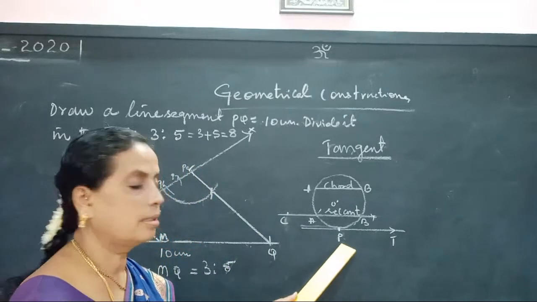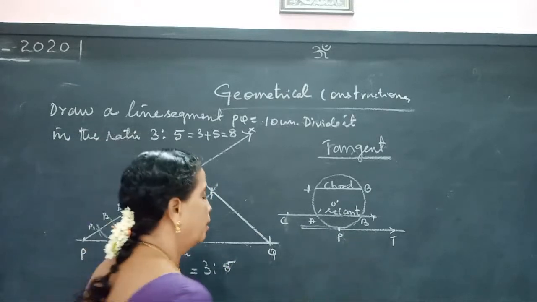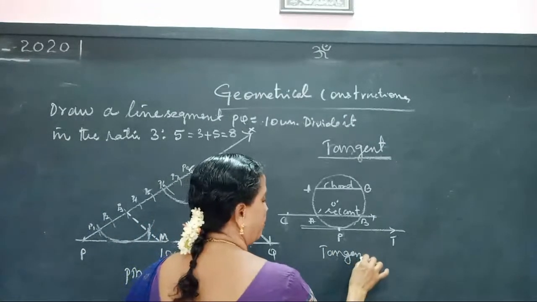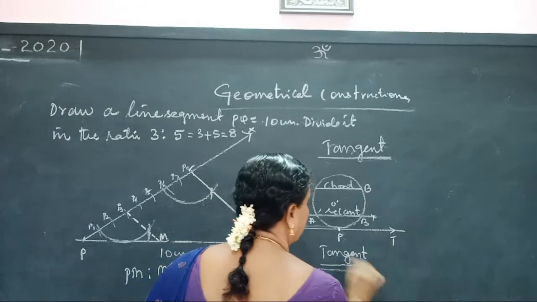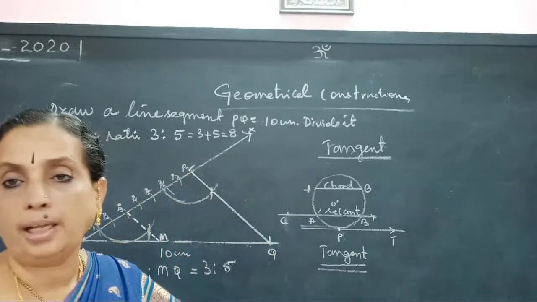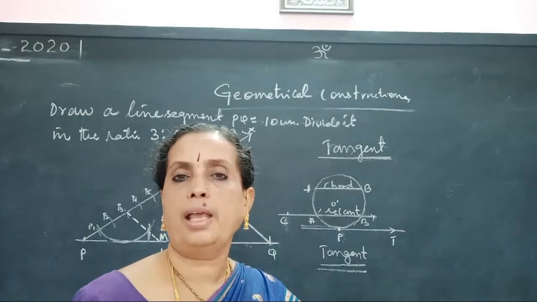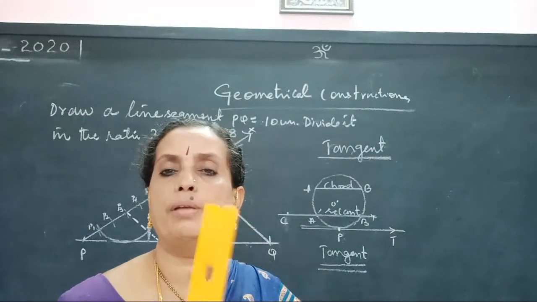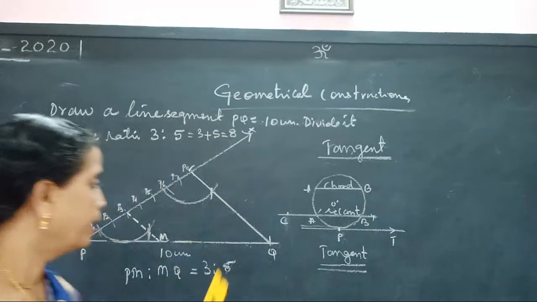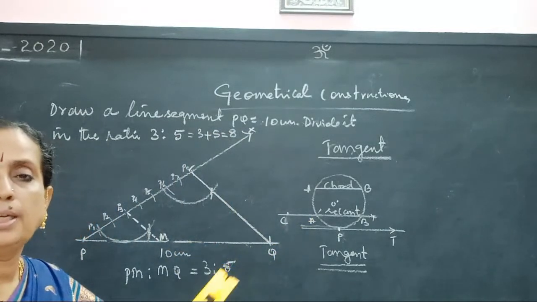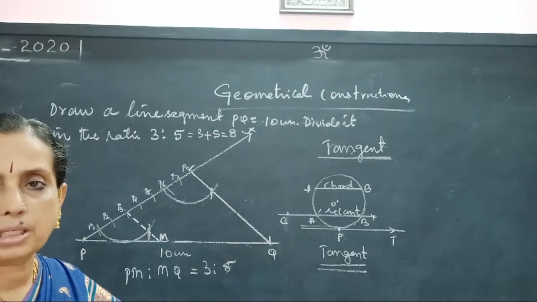Then this line is called a tangent. So a tangent is a line which touches the circle at exactly one point. A secant is a line which intersects the circle in 2 distinct points.